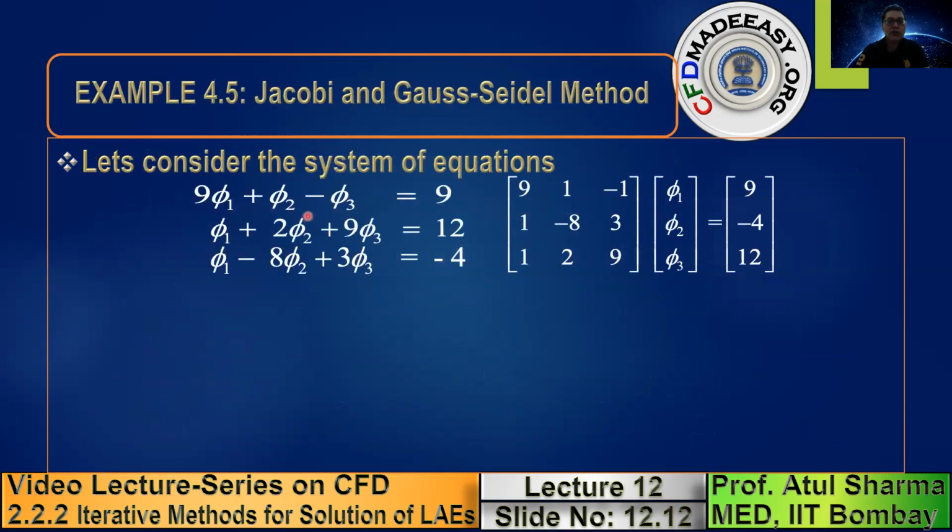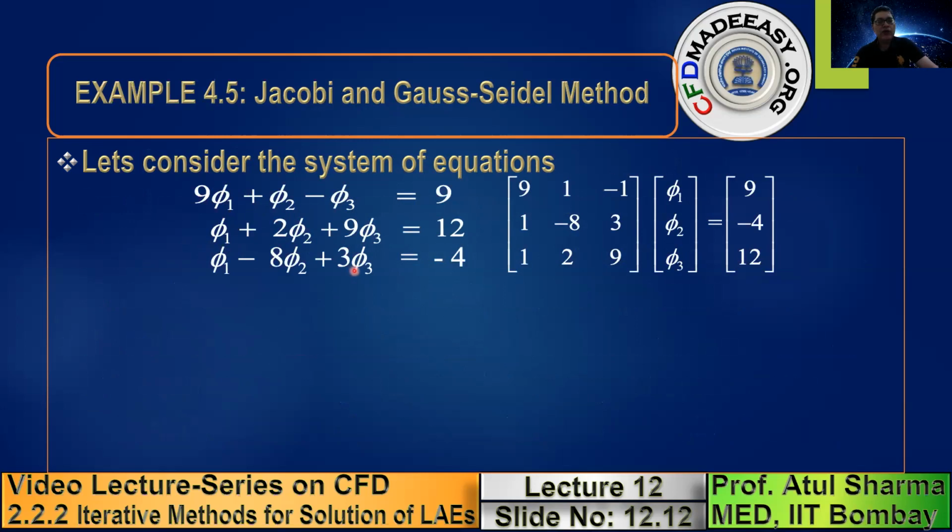So let us suppose you have three equations with three unknowns. The unknowns are phi1, phi2 and phi3. What I mean by diagonal dominant, at this moment, if you see the diagonal, the diagonals are 9, 2 and 3.